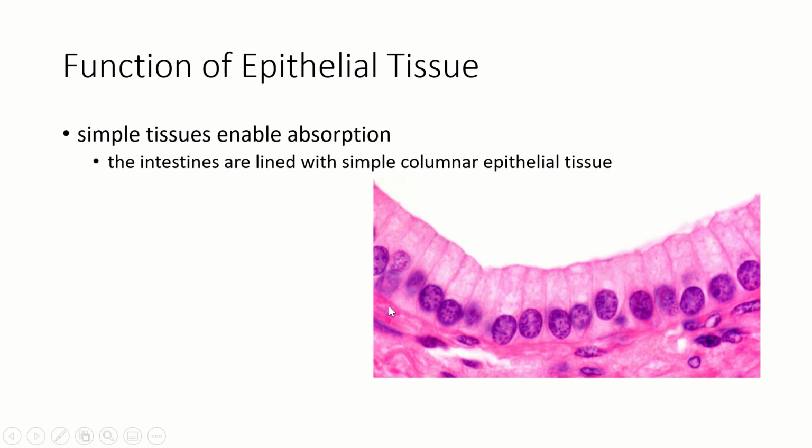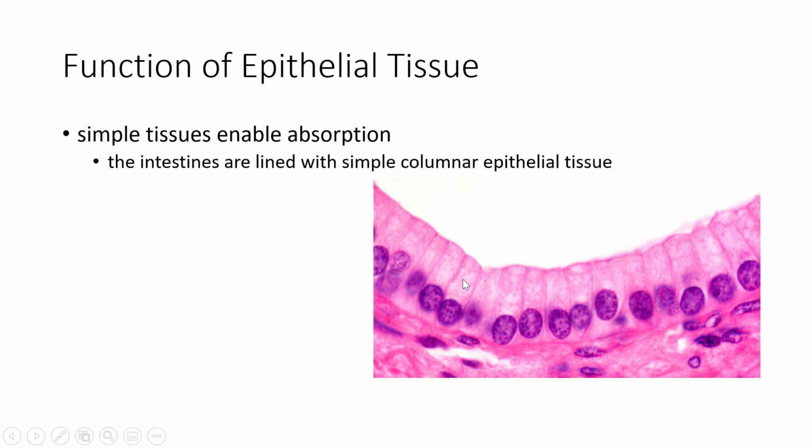Now, simple columnar is really good for absorption of certain types of things. So this is part of the lining of your digestive system. So these cells are going to have a nice big nucleus so they can make lots of proteins that are going to control what goes into these cells.